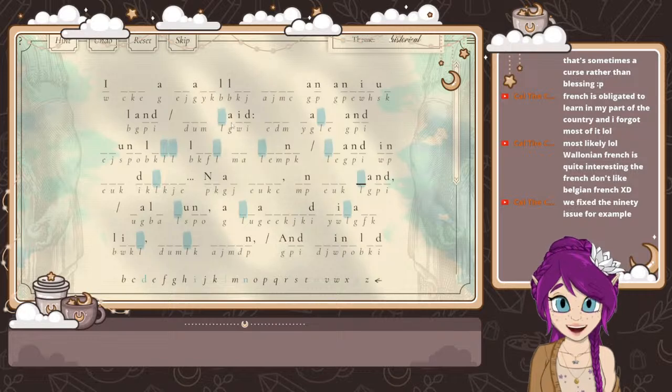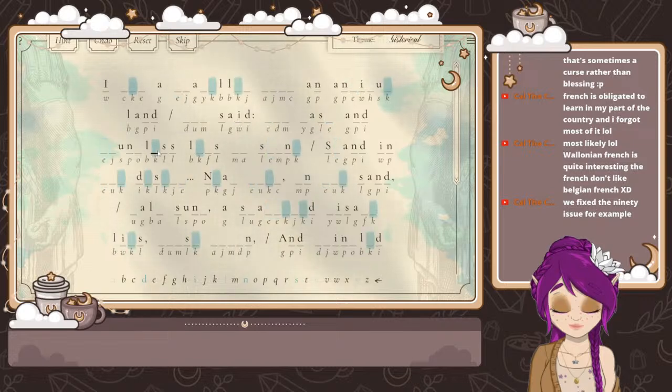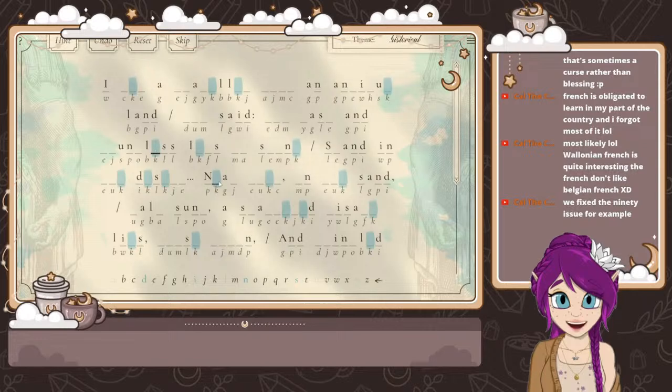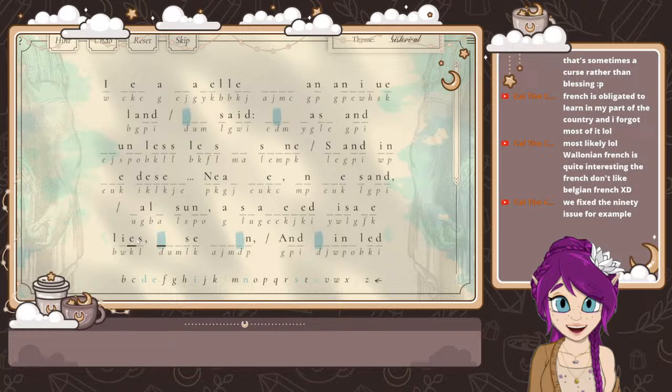Sand? Said, sand. This is probably an E. Maybe not. Lie? No, it's probably an E. Lies? Less? Lies and less?